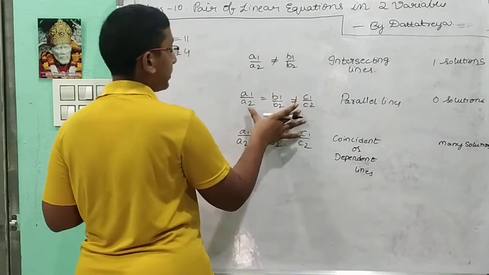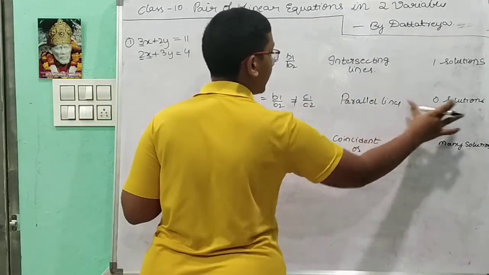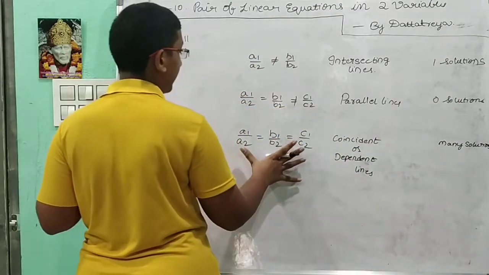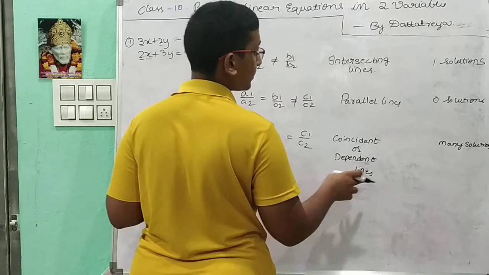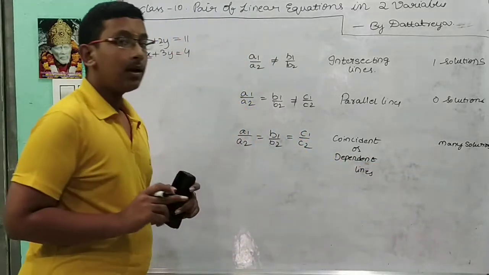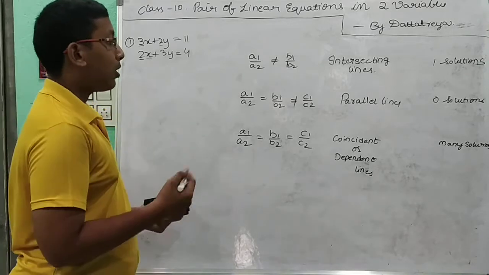If you get this type of equation, it will be parallel lines and they contain no solutions. And if it is this type, it will be coincident or dependent lines and they contain many solutions. Now I will show you the graphical representation, how it will look in a normal way.